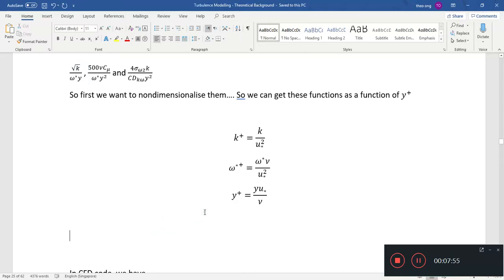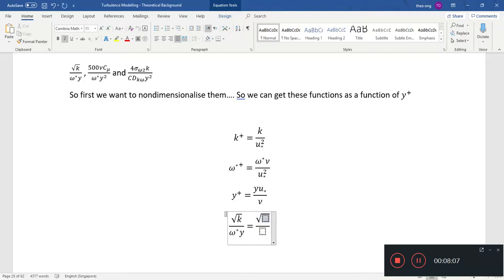With this we are able to deal with our first term. We have the square root of u star squared times k plus, and omega star at the bottom, which is omega star plus u star squared divided by nu, and y equals y plus times nu divided by u star.